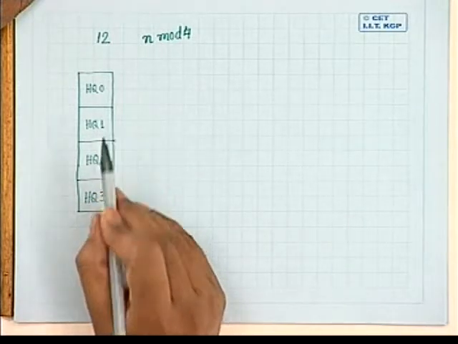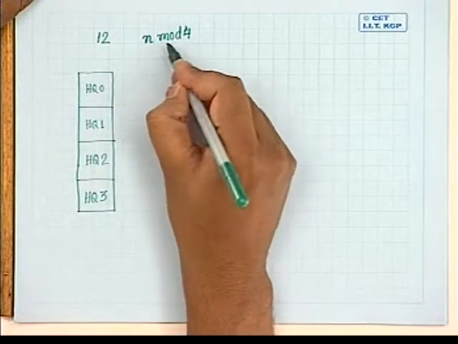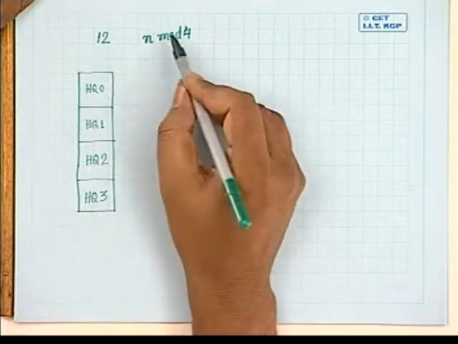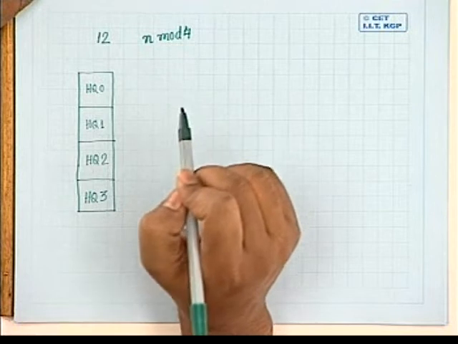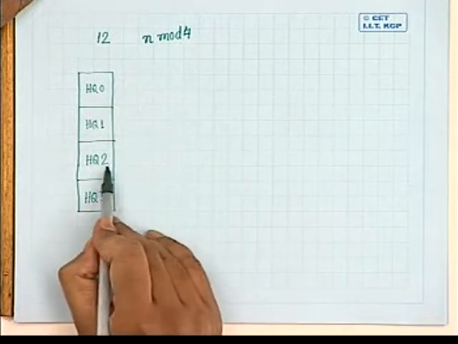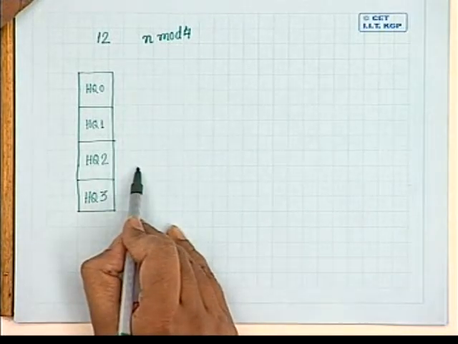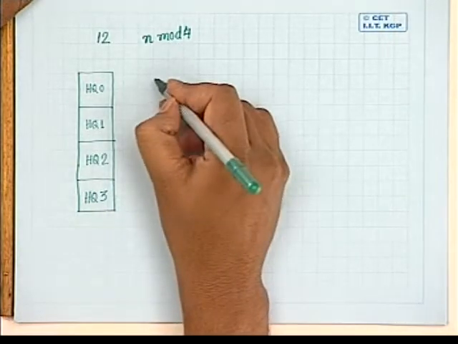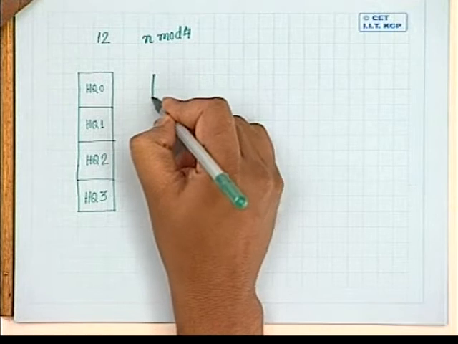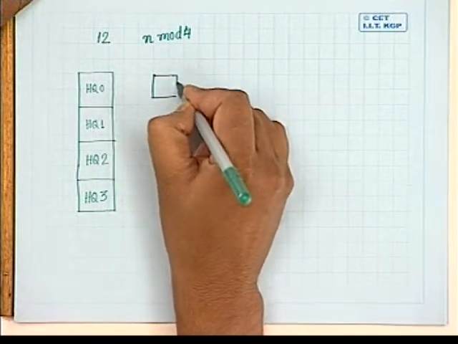Similarly, suppose some buffer contains block number 6. You find that 6 mod 4 is equal to 2. So the buffer containing block number 6 will be present in hash queue 2. So this way it will continue. If I have a number of buffers, let me assume that we have a situation like this.